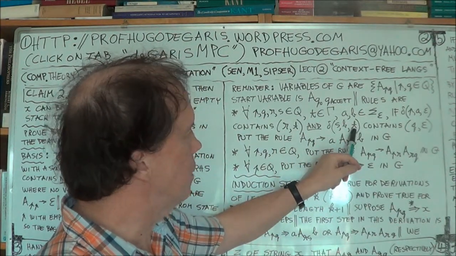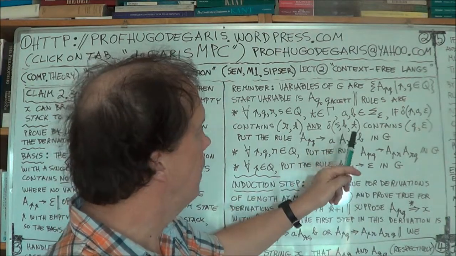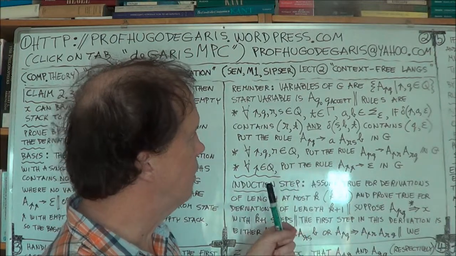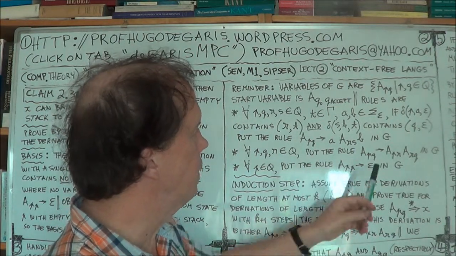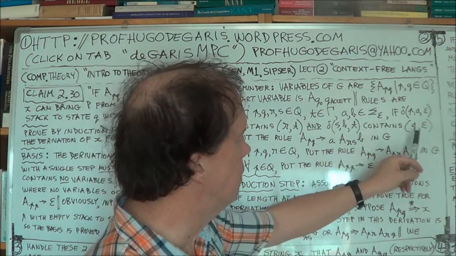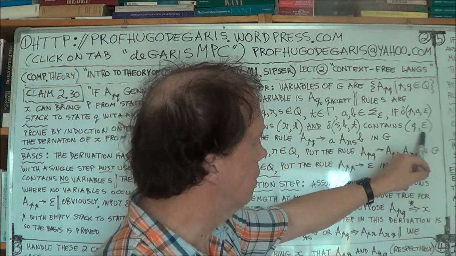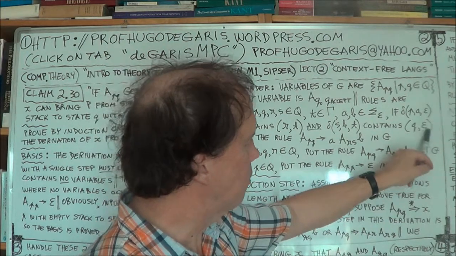And T is the symbol that's on top of the stack. Then have a look at what this returns. The set of ordered pairs. Now, if one of the members of that set is this ordered pair, Q, epsilon, how to interpret this?